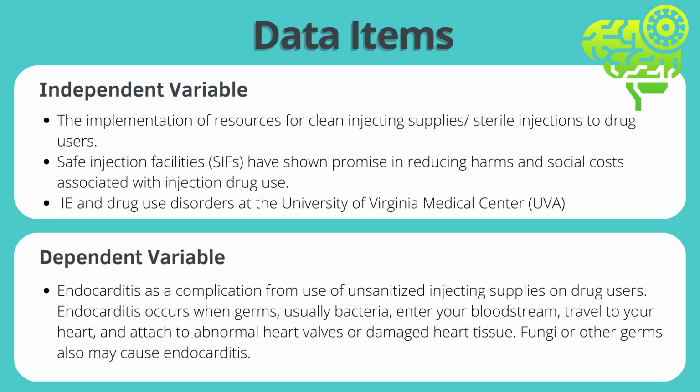It is known to reduce harm and social costs associated with drug injection, and these facilities are being implemented in places like New York, where we were able to find data on how that has worked and helped decrease the rates of readmissions for IV drug users and the complications that come with it, as we mentioned in our PICO question, one of them being endocarditis.